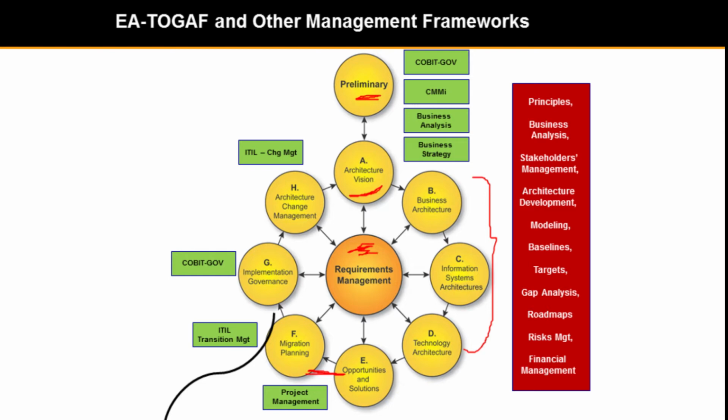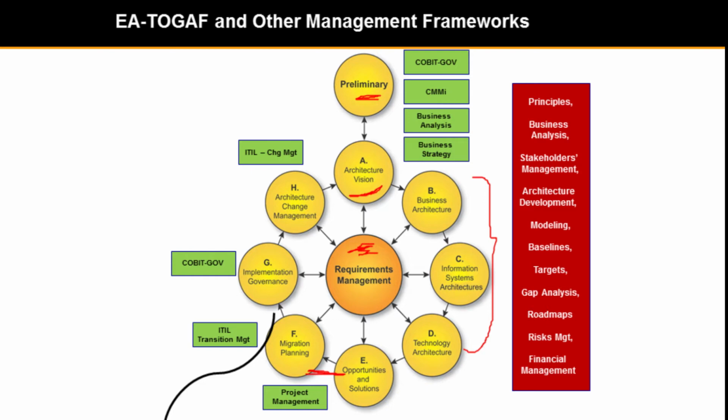Eventually, phase G, implementation governance, will work with the external partners and vendors to make sure that your architecture is actually delivered, translated from the conceptual part to the physical part. Finally, you're going to need to do some change control along the way, if and when any changes happen throughout the life cycle of the enterprise architecture work.